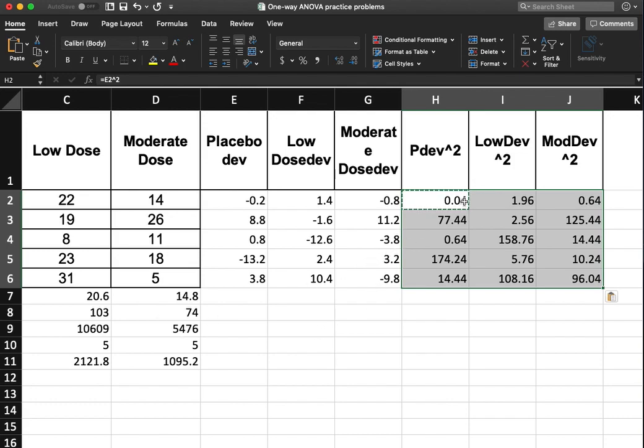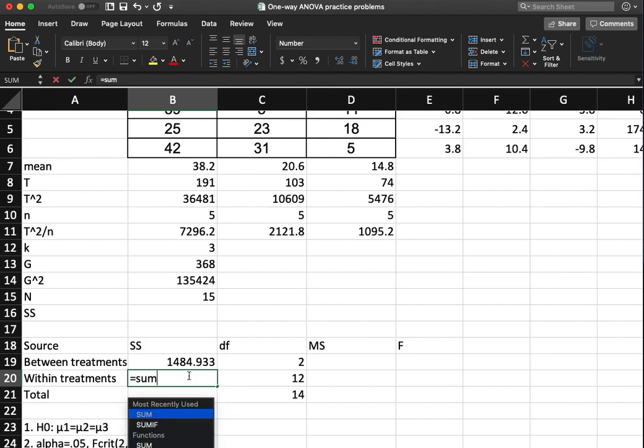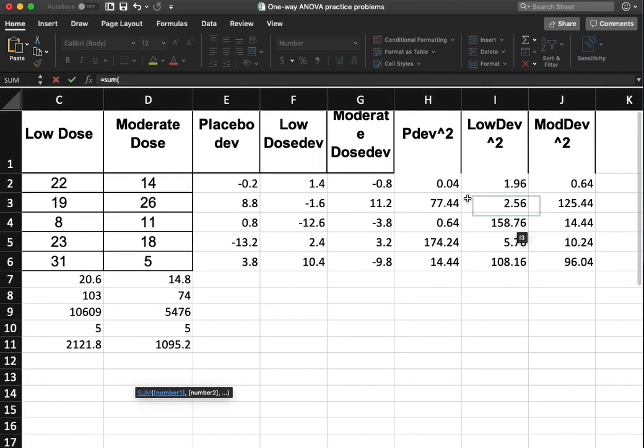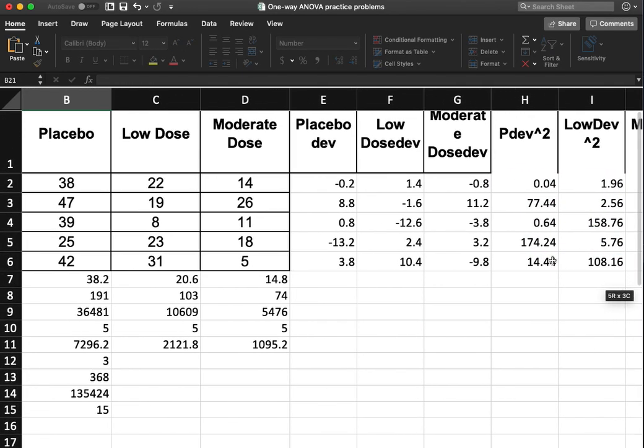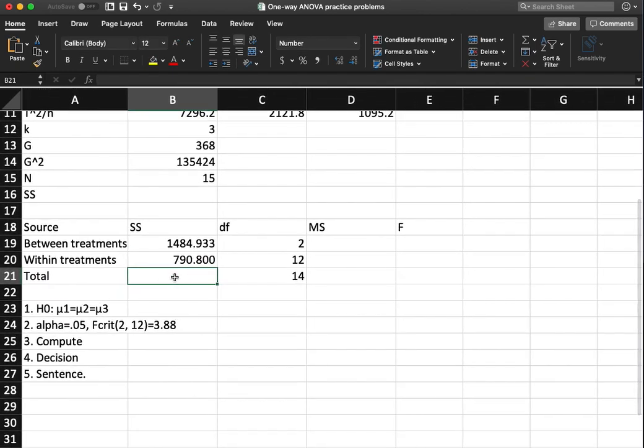Now we've got squared deviations within each treatment from their respective means. And sum of squares within treatments is just the sum of those squared deviations. Awesome. Total sums of squares should equal this, the sum of those two things.